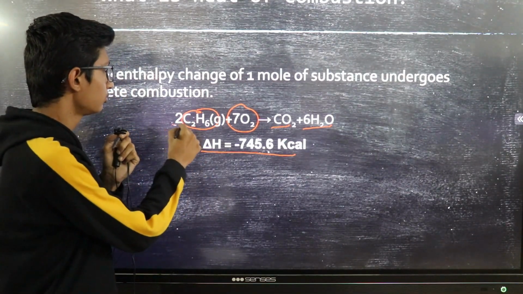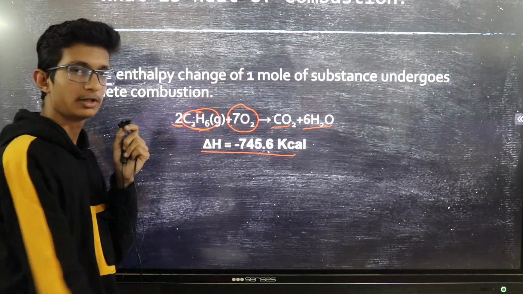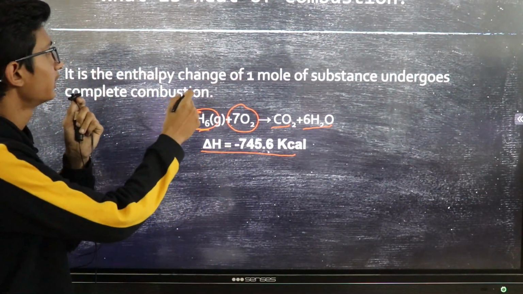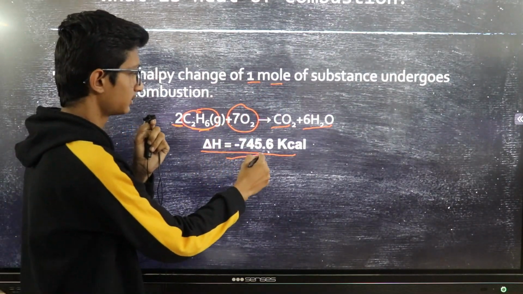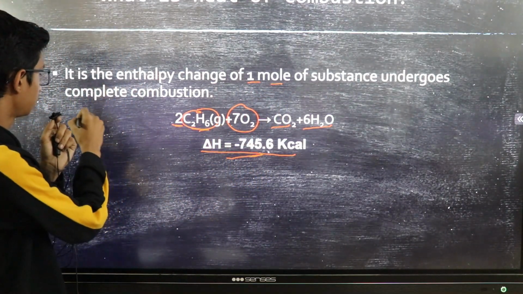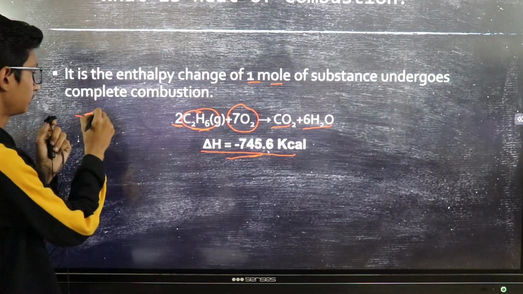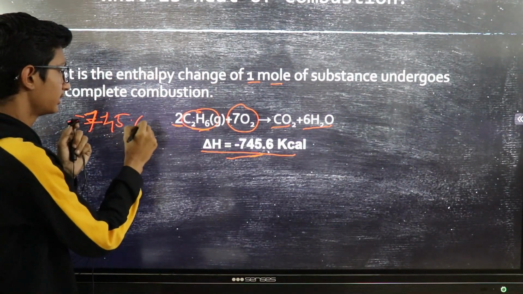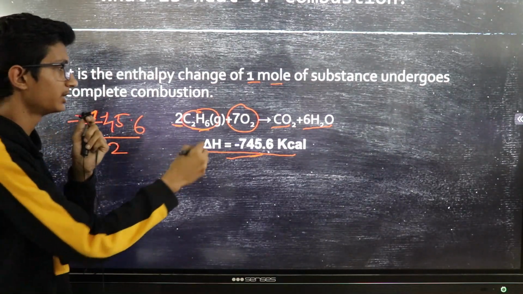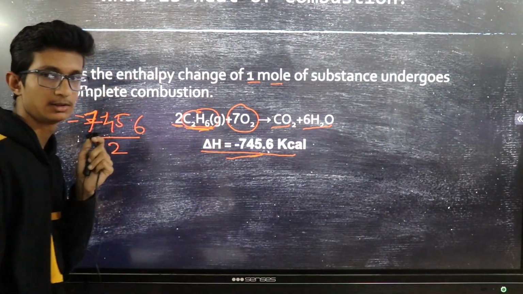There are 2 moles of ethane, and the heat of combustion we find is for 1 mole, so this delta H will be divided by 2. Minus 745.6 divided by 2 will be the heat of combustion of ethane.